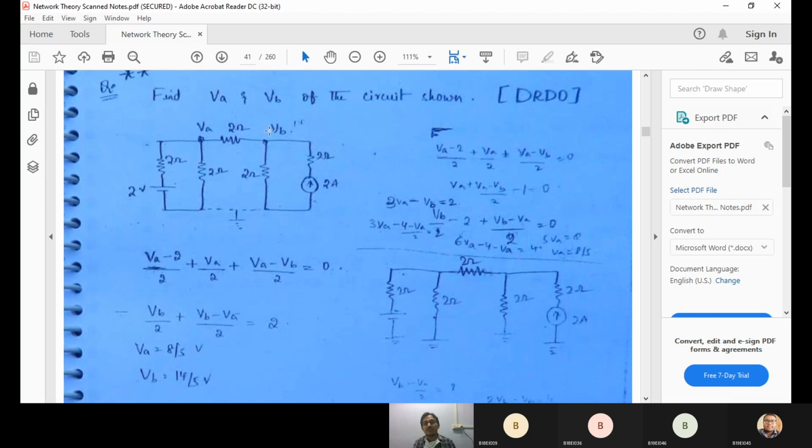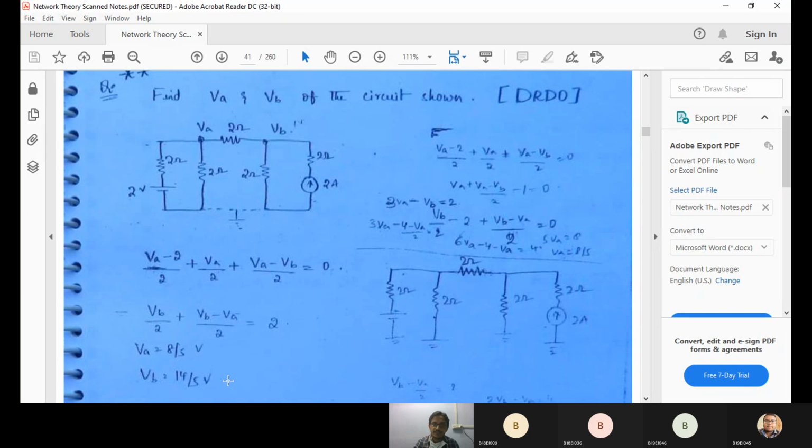This is another equation. Here there are two variables, VA and VB, and two equations: one with respect to VA and another with respect to VB. If you solve these two equations, you can obtain the values of VA and VB.